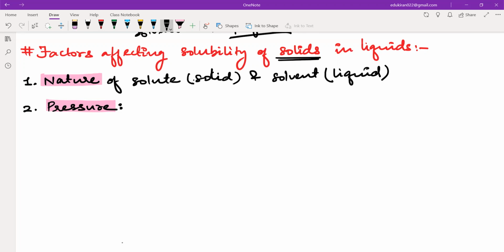If the solid is not getting affected by pressure, then a property of solid will obviously not be affected. If I increase the pressure, there is no change in solid because it is incompressible. That is why there will be no change in the solubility. Is this clear with everyone?